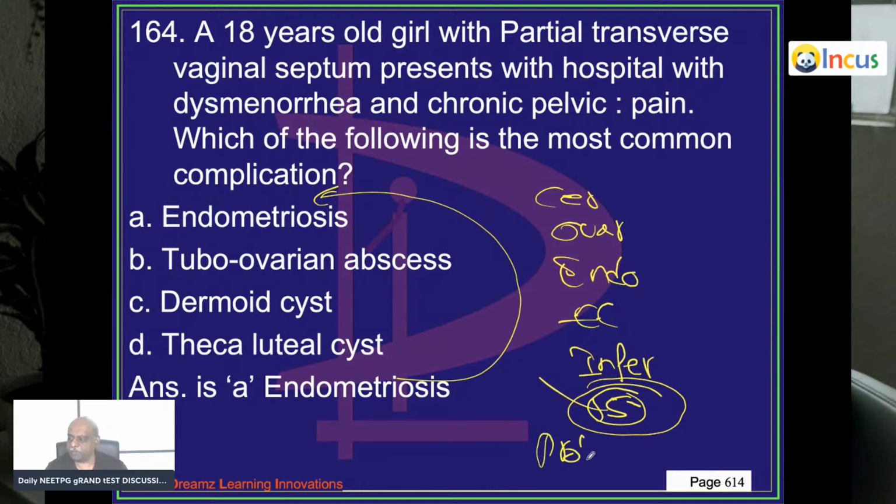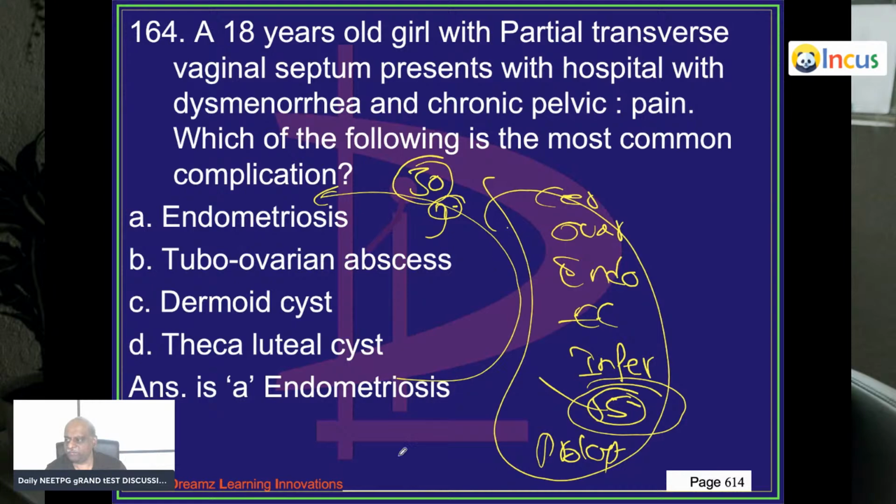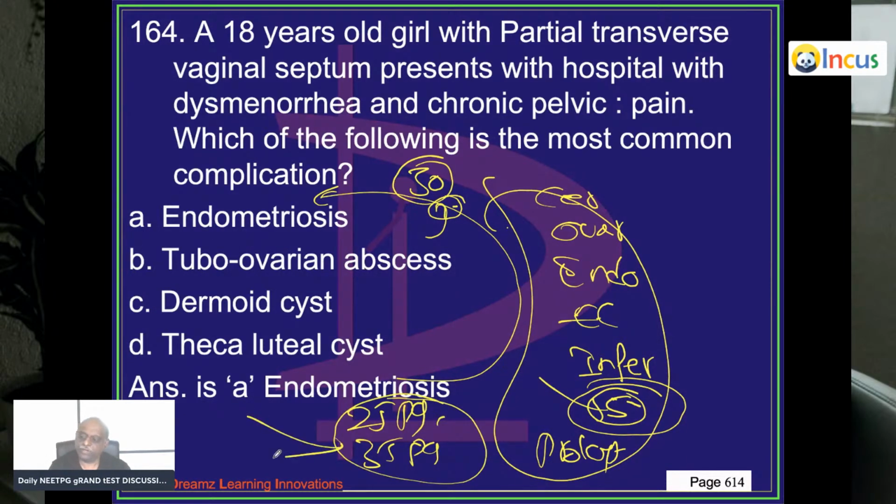One question on prolapse, like that, all 30 questions, you can predict it. Totally, I have given you around 35 pages of notes in gynecology and around 25 pages in obstetrics. This 60 pages is the whole world. So revise it.